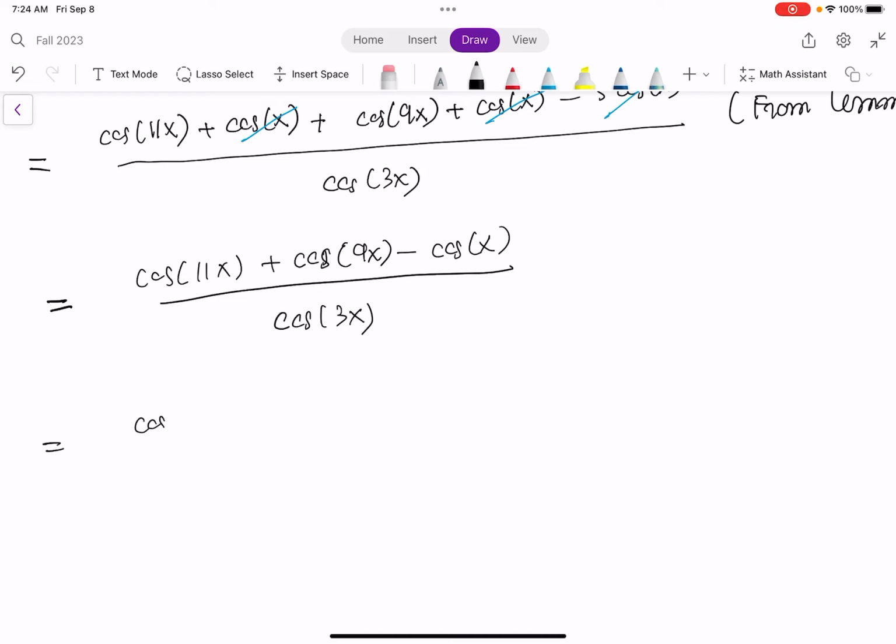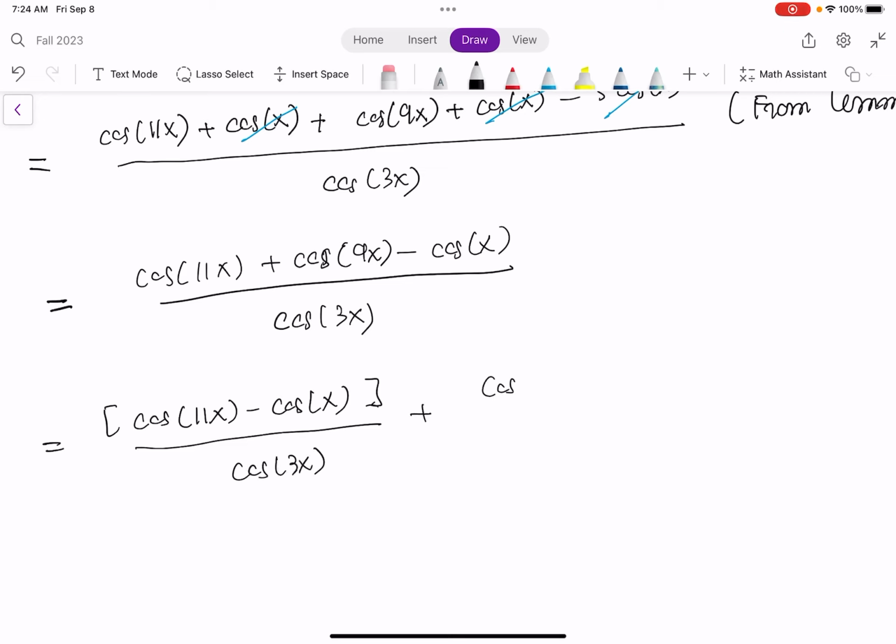So let me go ahead and rearrange and group them so we can know what to do next. Minus cosine of x on this over cosine of 3x, right? Plus cos 9x. So instead of 9x, I'm going to write 3 times 3x over cosine of 3x. Okay, so do you remember this theorem?